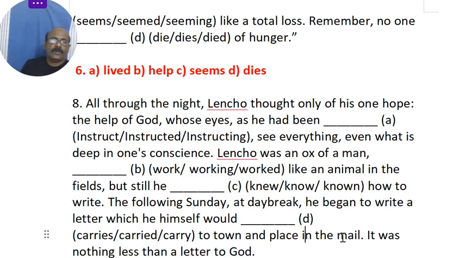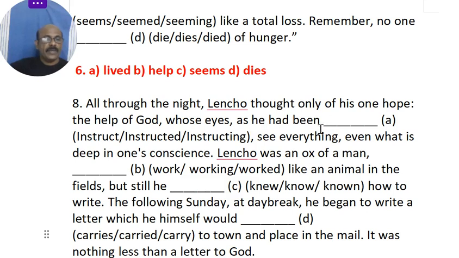Although all through the night, Lencho thought only one thing, that is God's help. So he had been dash. Yes, he had been dash. He means God. Yes, that is, he is going to believe in God only.